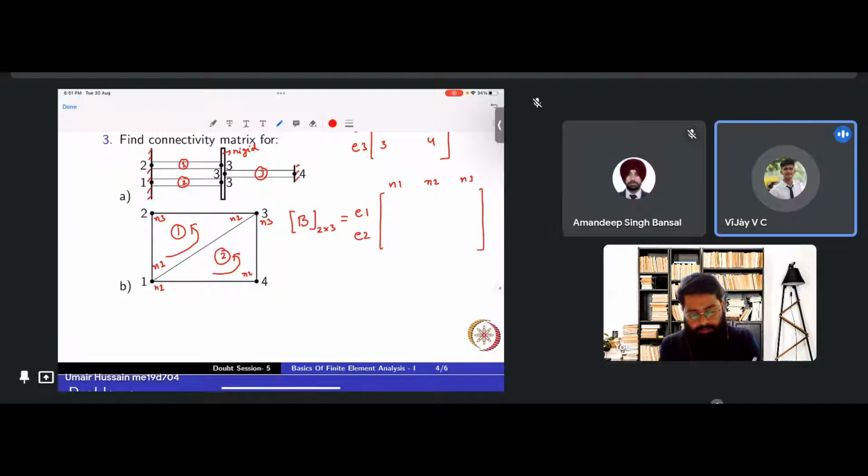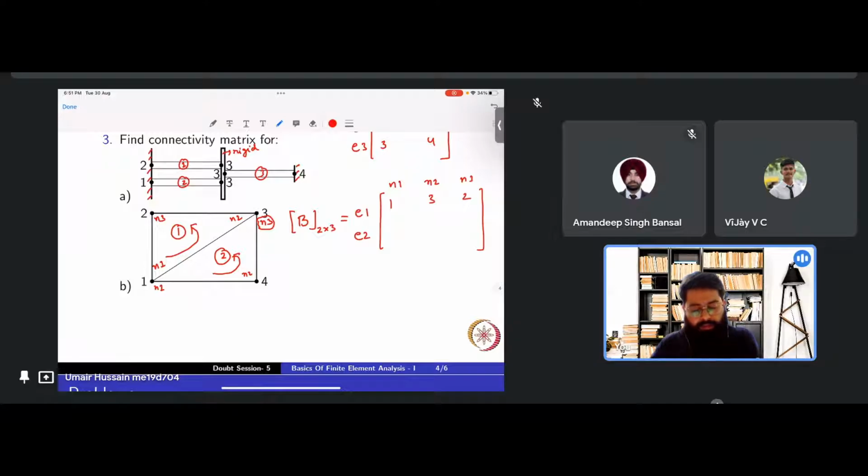Sir, one, three, and two. I have assigned this as three. This is my elemental n3, my elemental third node. So that would be one, three, and two. Right. Sorry, my mistake.